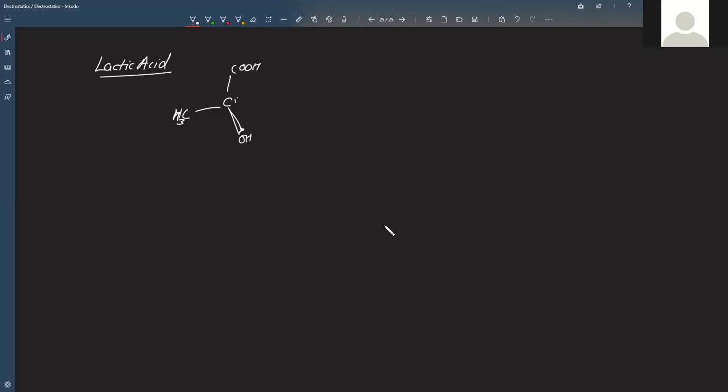So this means that is on the top, and then one at the back, and that one which is at the back, that is actually your hydrogen. So hydrogen is at back, this OH is in front or on the top, and this COOH and CH3, they are in the same plane. Now this compound is called lactic acid.